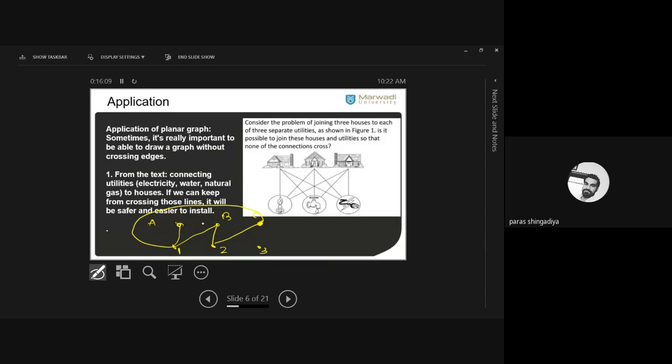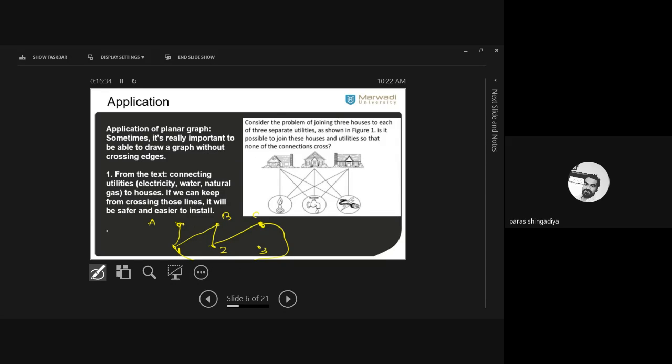But if I consider this way, it will also cross at that place. Suppose I remove this edge from here, that is one possibility. Let's connect it this way also, from this side. So that also will cross.